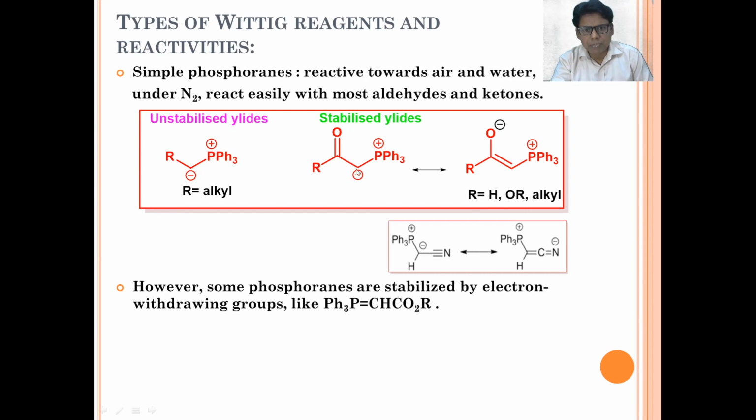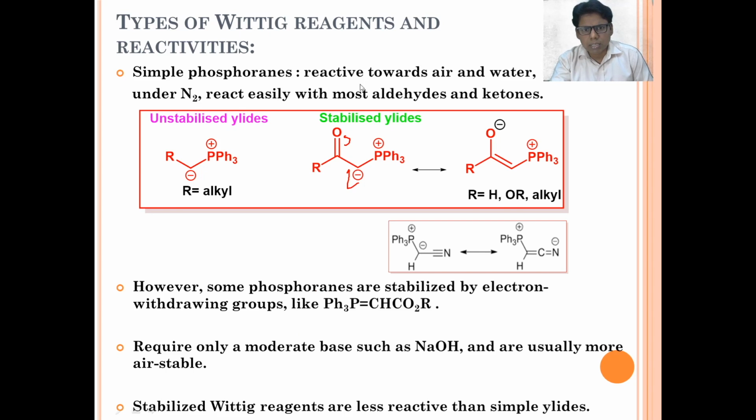But in case of stabilized ylide, there is a functional group, carbonyl or some other electron withdrawing group, attached. Like here it is cyano group, here it is ester group. Like this, it stabilizes this molecule so that we get this structure, and this R could be H or OR or alkyl.